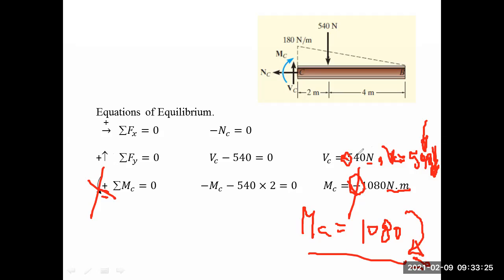Because we don't have negative force. There's no such thing as negative force. Negative indicates that there's something wrong with your assumption. Initially, you didn't know where the force is acting toward. That's why you've got a negative force. Otherwise, there is no negative force.